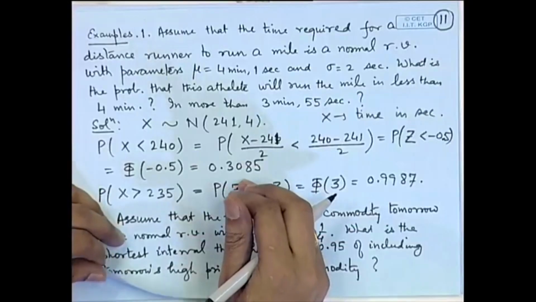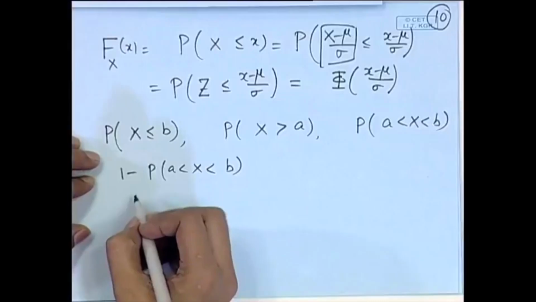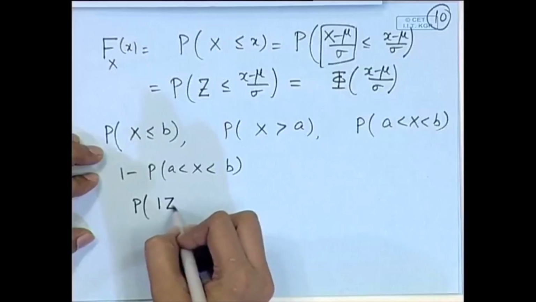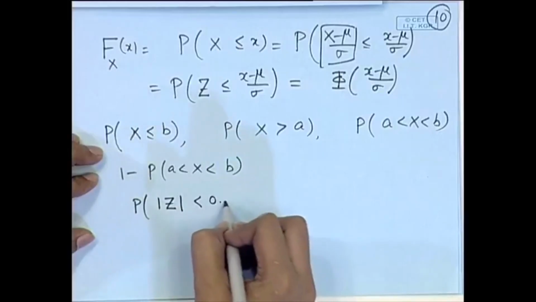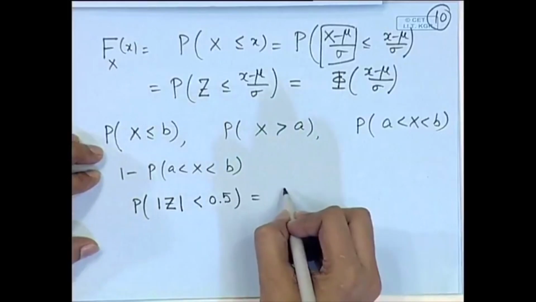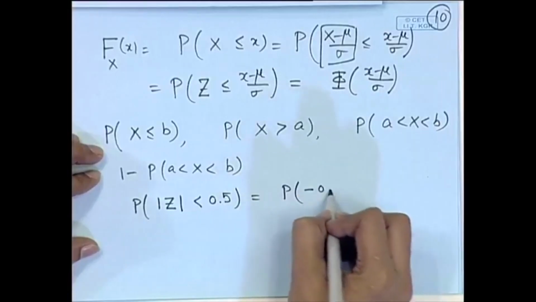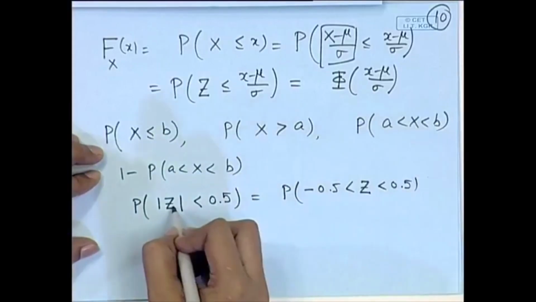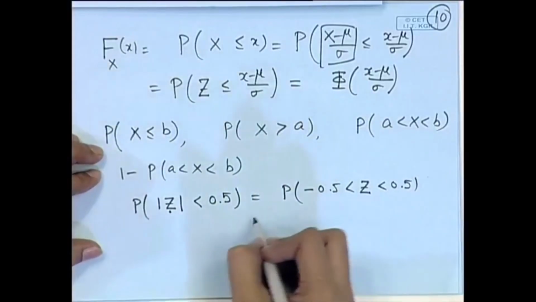So, if we consider say probability of modulus z less than 0.5, that is minus 0.5 less than z less than 0.5. Here z denotes the standard normal distribution.